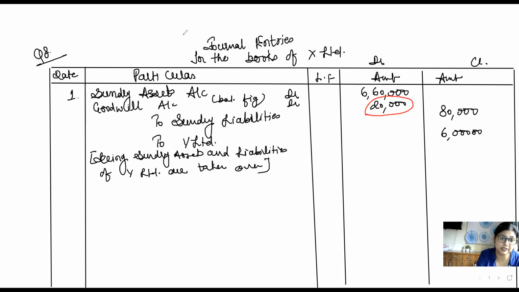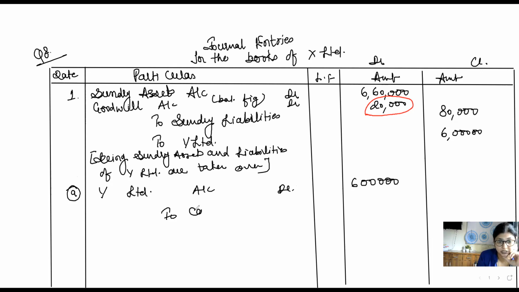The question has given us 3 cases. So we are doing case A, where we have issued the debenture at par. So Y Limited is going to be debited with the purchase consideration, which is 6 lakh rupees. Out of this 6 lakh rupees, 10%, which means 60,000 rupees, is paid in cash. So that entry will be passed, and for the remaining, we will issue the debenture.